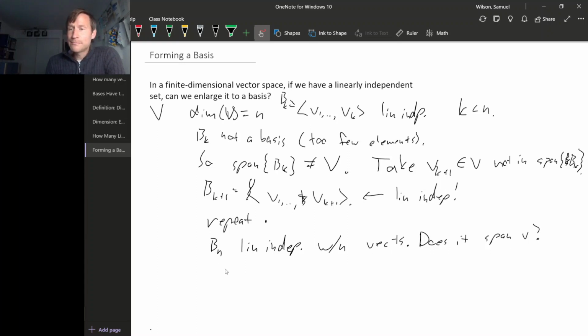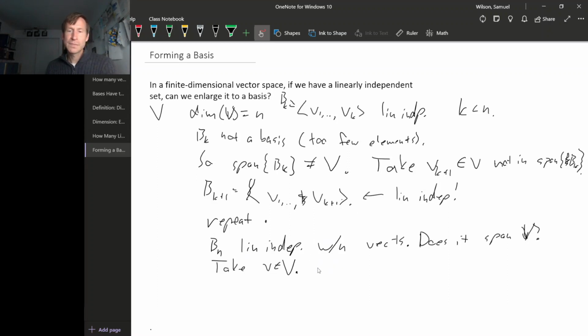How can we tell if it spans V? Well, just take a vector and see if it's a linear combination. So let's take an arbitrary vector little v in capital V. We want to know, is it a linear combination of v1 through vn?